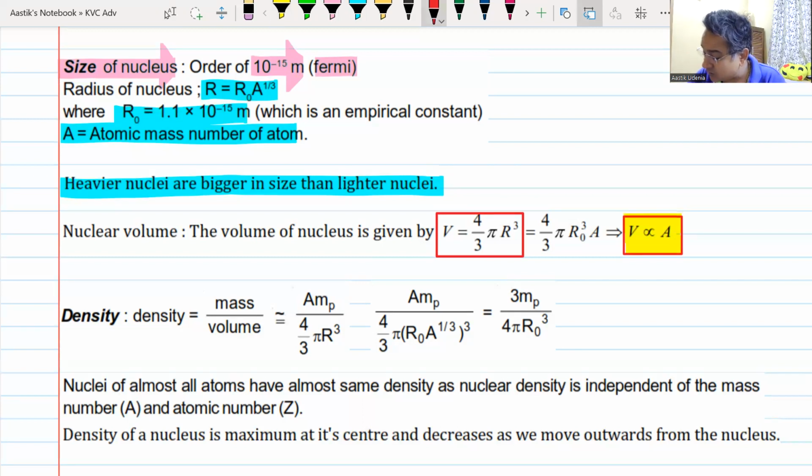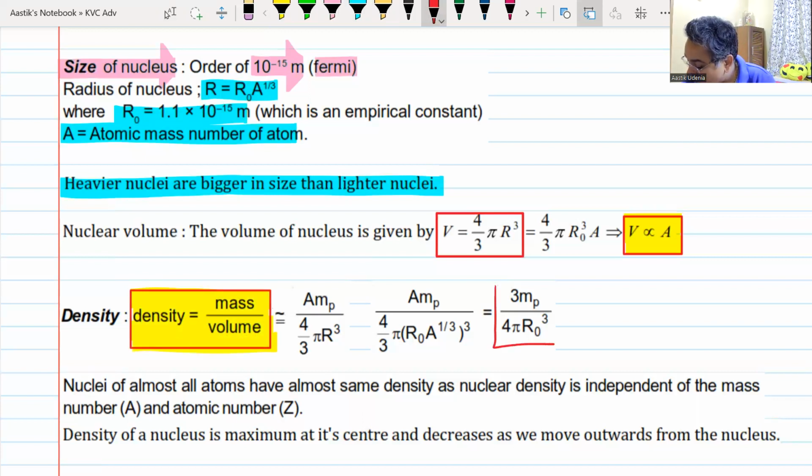But once we talk about the density of the nucleus, which is nothing but mass divided by volume, and when you put all these values, you will see that the density of any nucleus, whether it is a nucleus of hydrogen or carbon or nitrogen, is independent of the atomic number or the mass number.